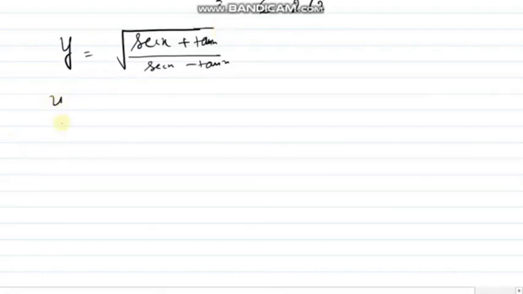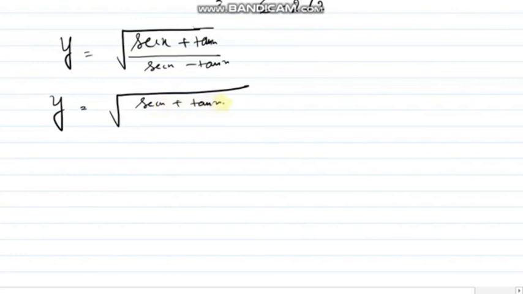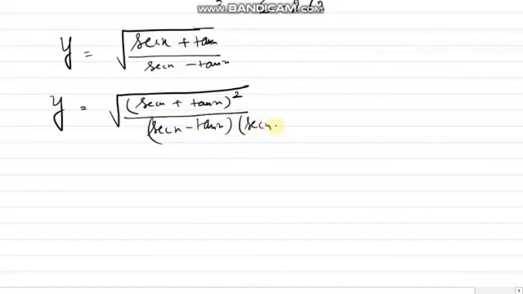So in this sum, if I just rationalize, multiplying numerator and denominator by sec x plus tan x, the numerator will be sec x plus tan x whole square, and the denominator will be sec x minus tan x into sec x plus tan x.